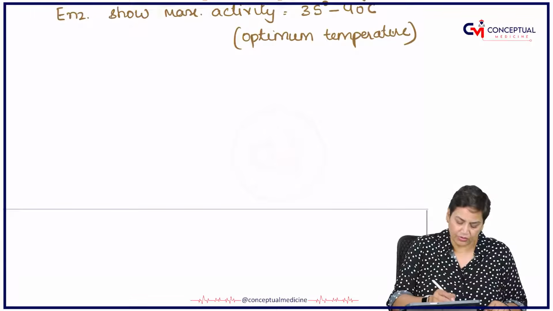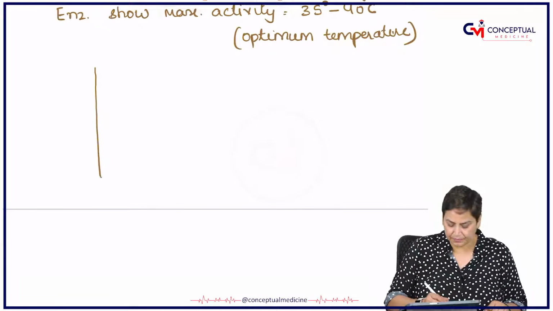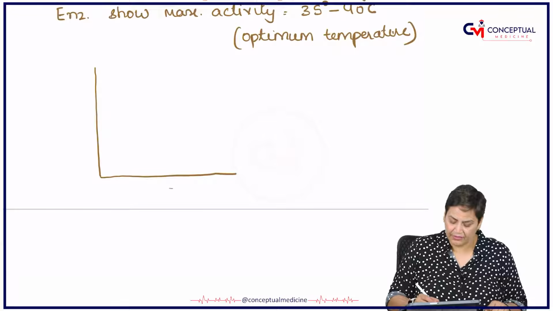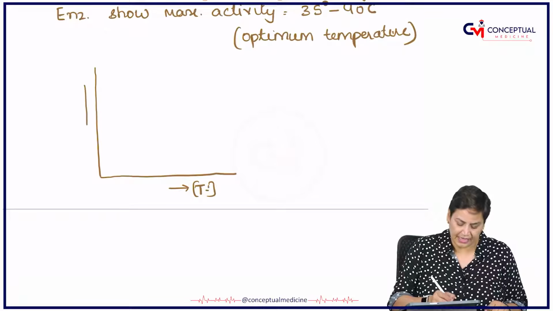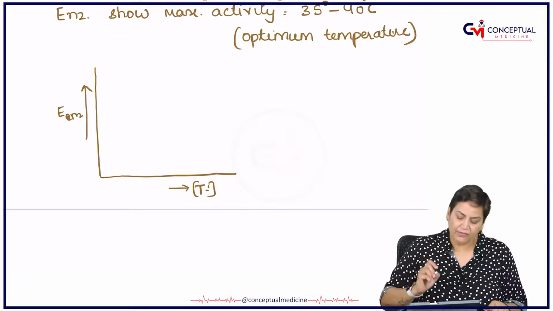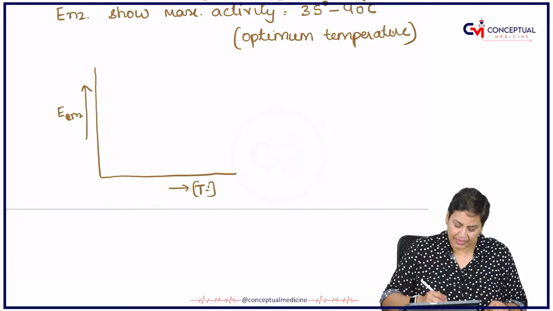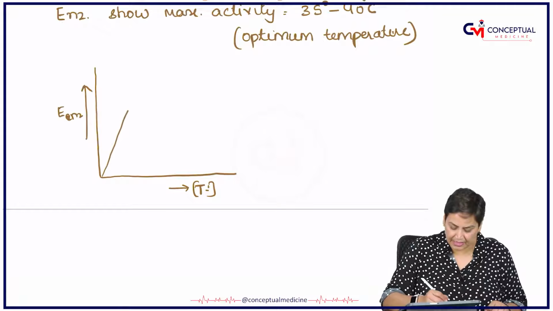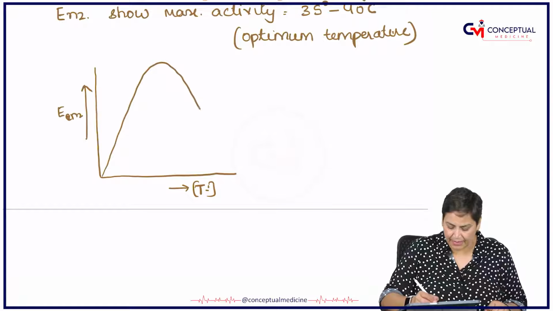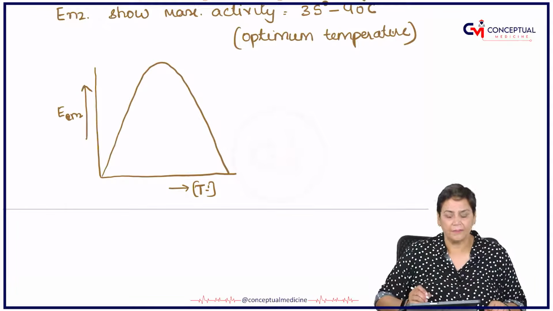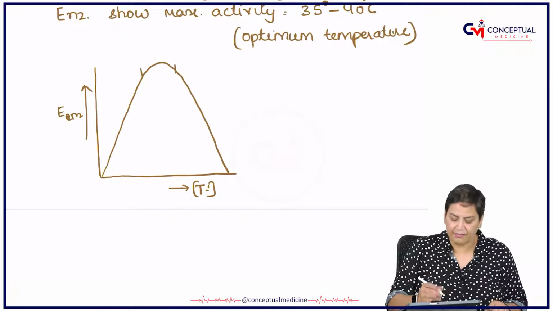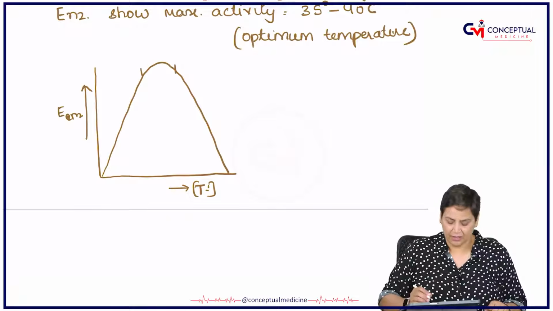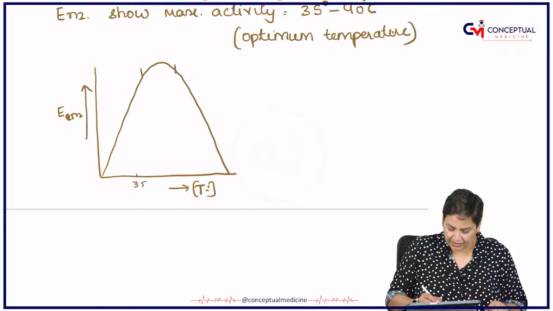And if we have to draw a graph, here we can write the temperature, and here we can say the enzyme activity or the velocity of the reaction, whatever. So if we talk about the influence of temperature, we can simply say that it is going to attain a bell-shaped graph like this. And if you see, this is the maximum, the temperature optima, 35, 36, 37, 38, 39, 40.